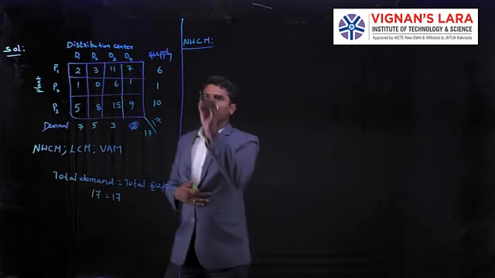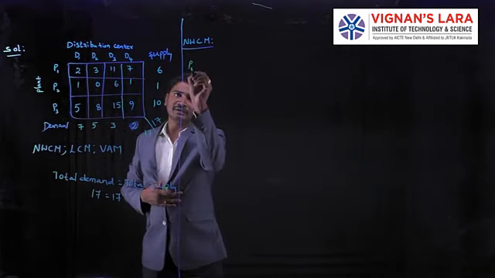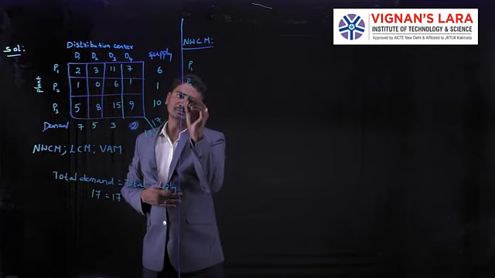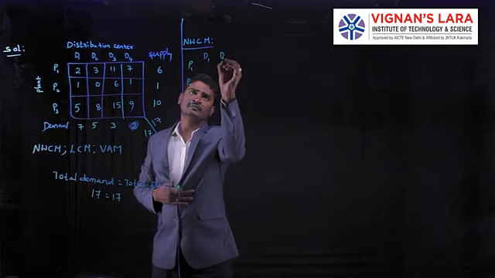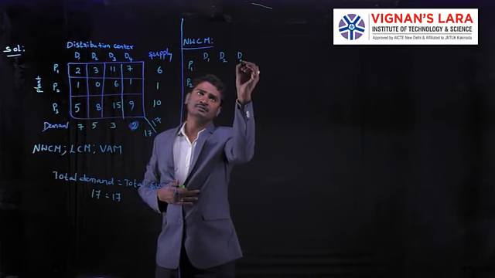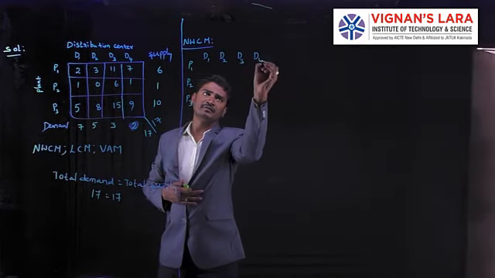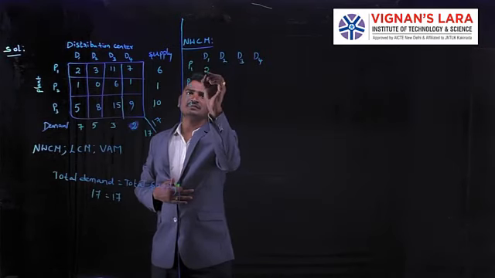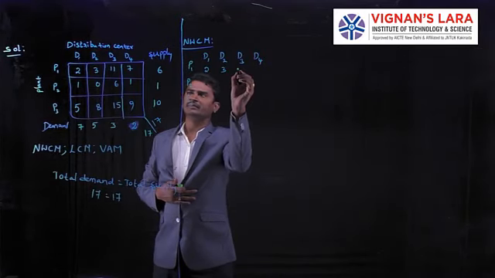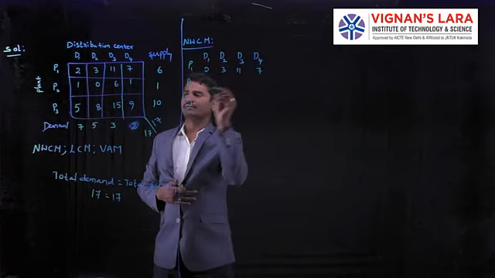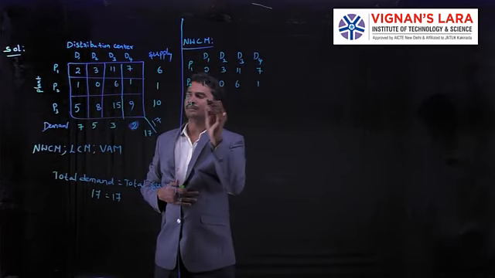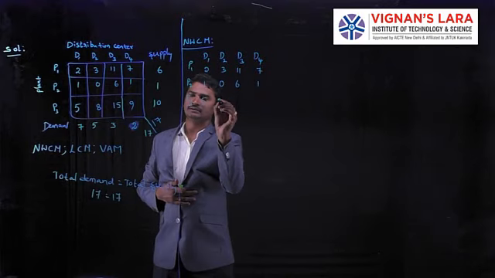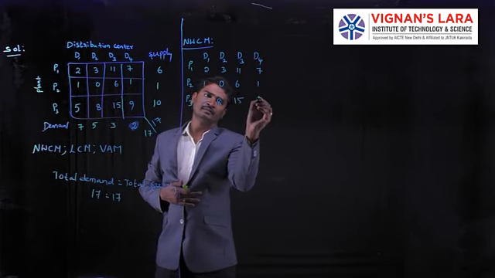Here we have total 3 plants, P1, P2, P3, and total 4 demand centers are there, D1, D2, D3, D4. Here the unit cost is 2, 3, 11, 7, 1, 0, 6, 1, 5, 8, 15, 9.